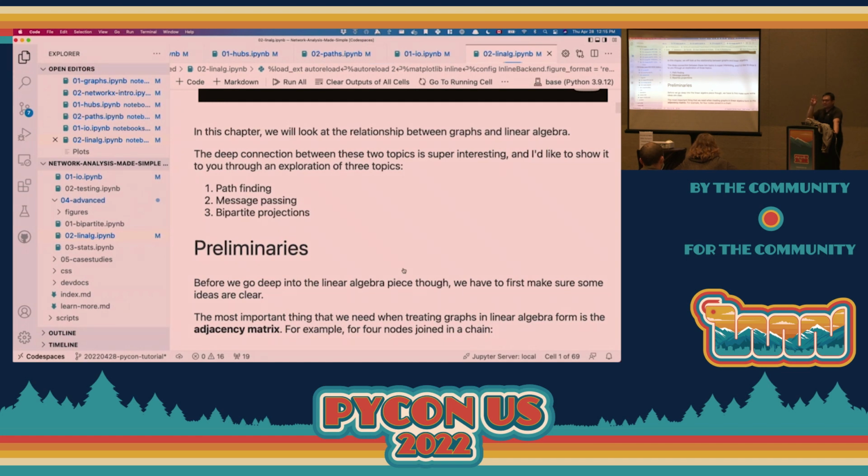The second one is message passing. Message passing happens if you know how to do dot products. And the third one is something that touches on a notebook that we've skipped, but I will explain the key idea.